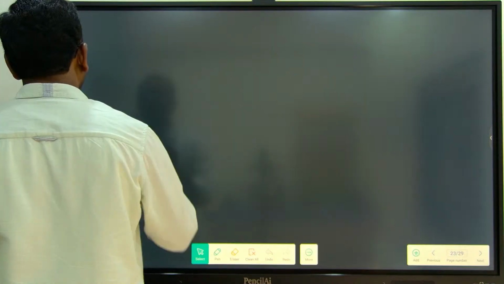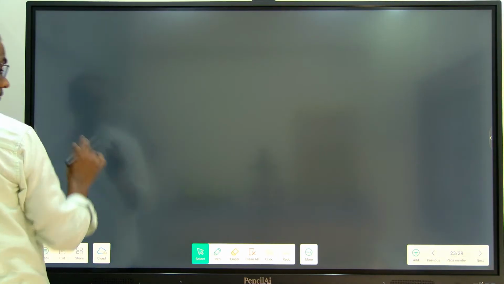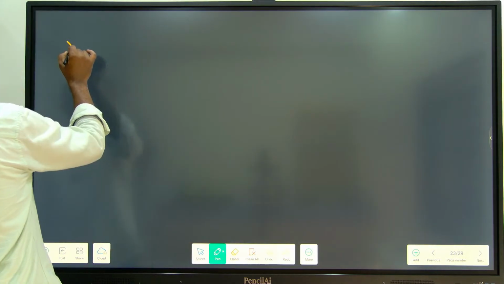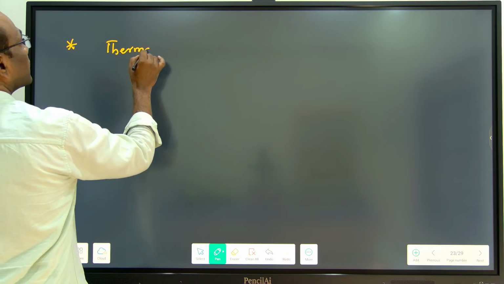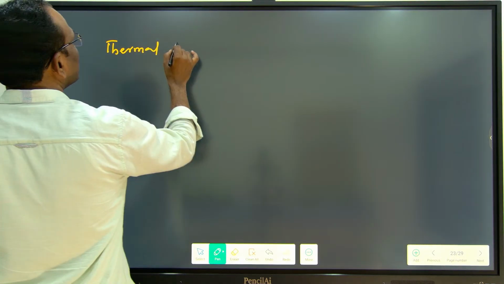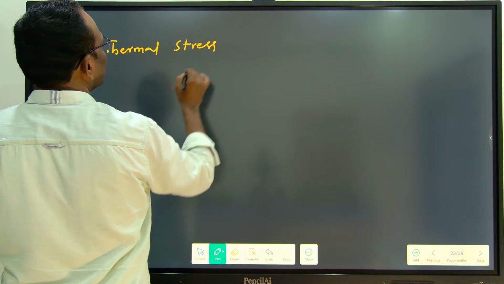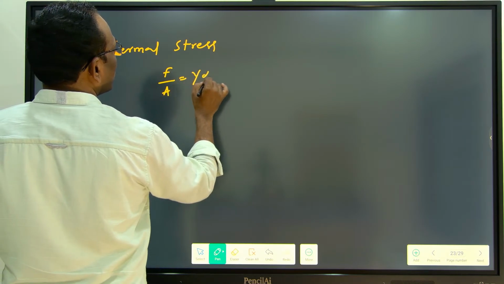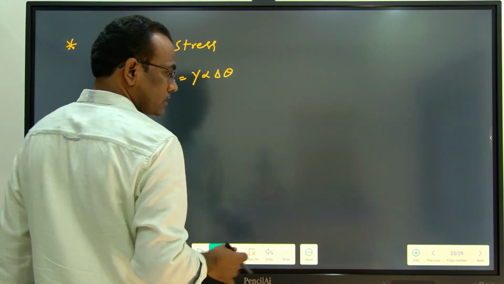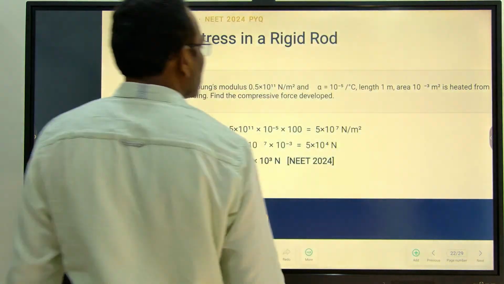Take here just thermal stress. What is the formula for thermal stress? Just once again recall the formula. Thermal stress F by A equal to Y into alpha into delta theta. Okay, just read the values.